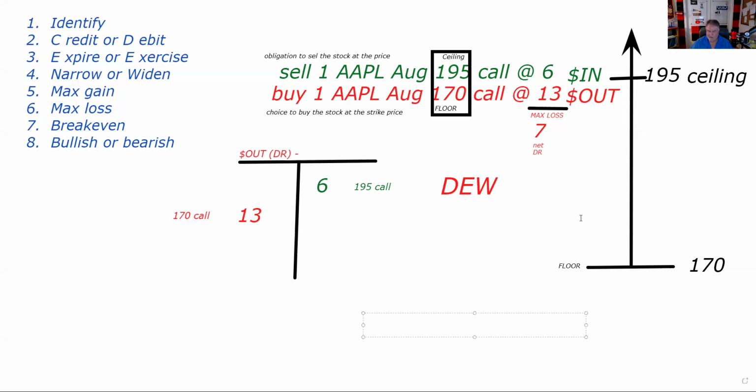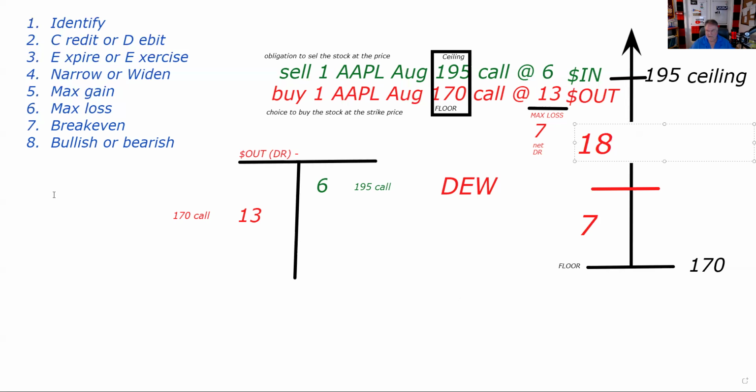So there is 25 points to be made or lost here, and we spent 7. So that means the most we can make is 18.